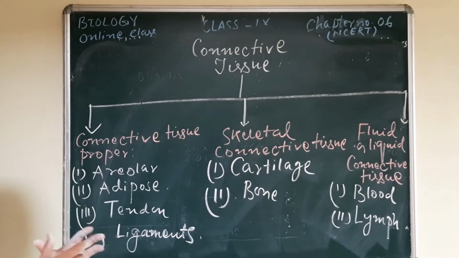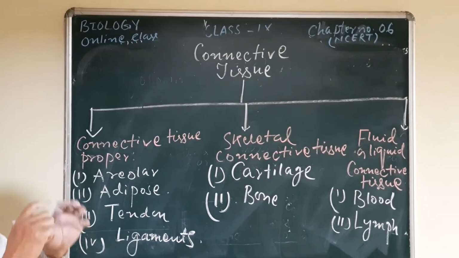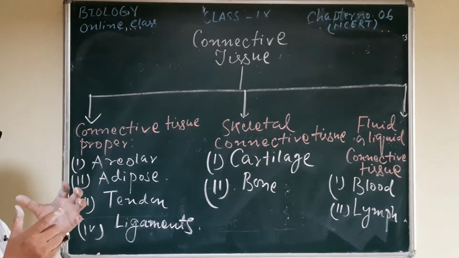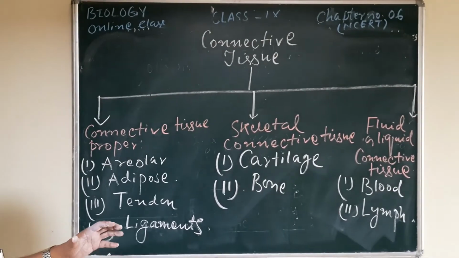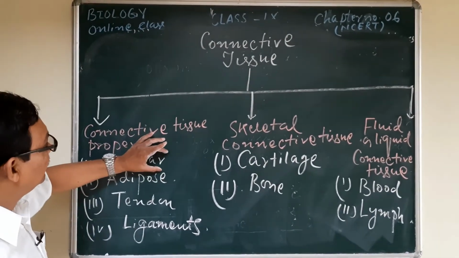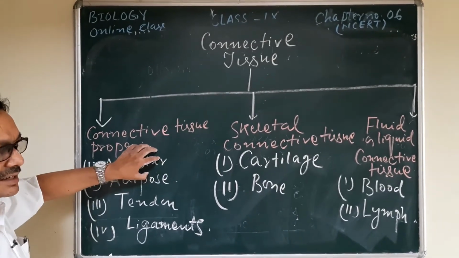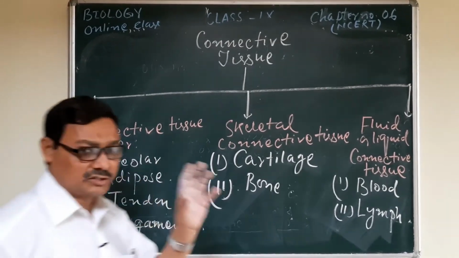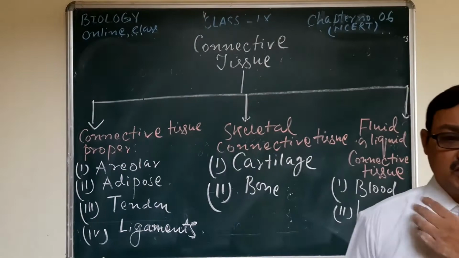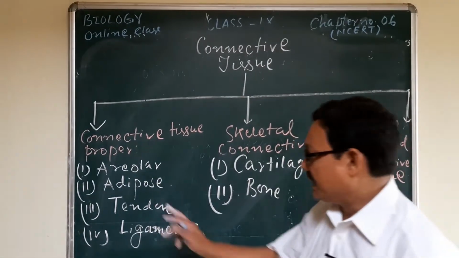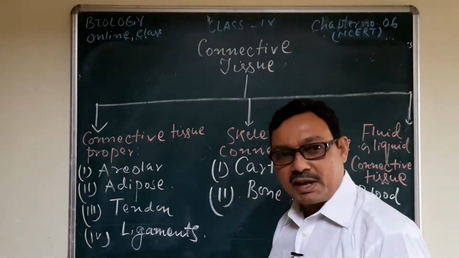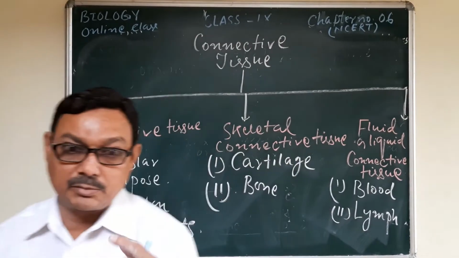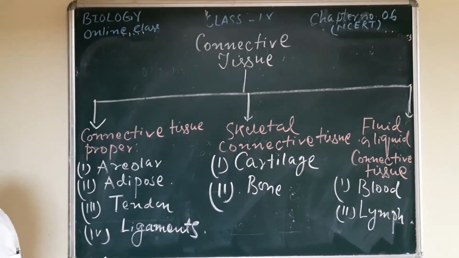It may be present between the different organs, like between the skin and the different tissues, around the blood vessels, around the nerves, etc. Adipose is just beneath the skin, the storage place in our body, and that is related with adipose. There is also some connectivity between the 2 bones.